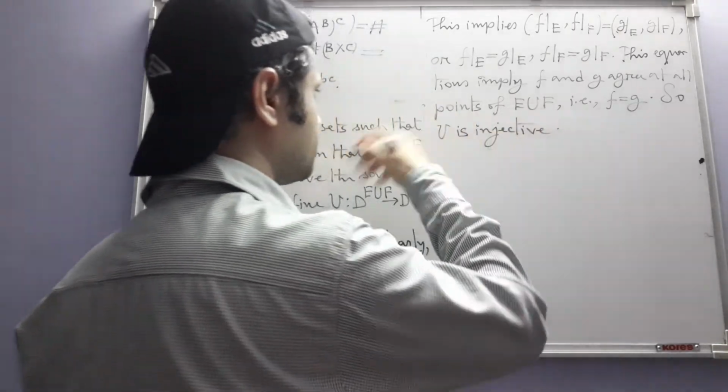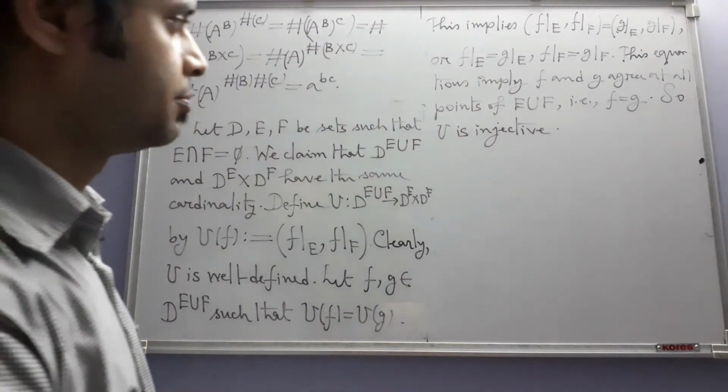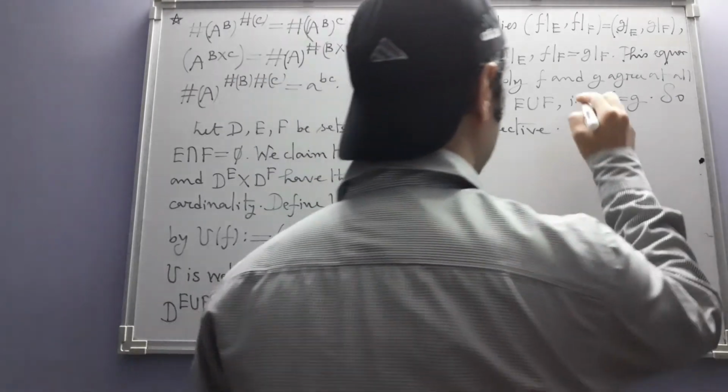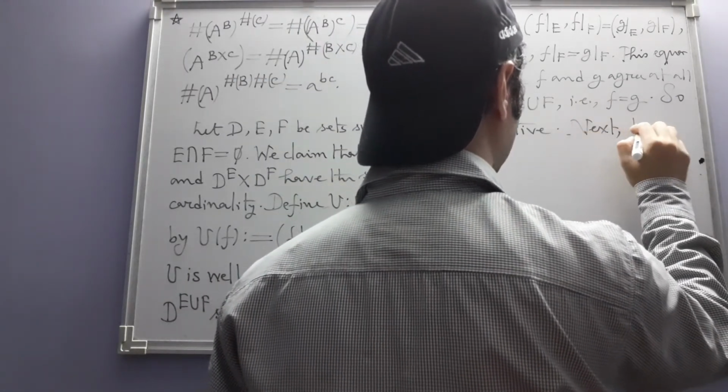In the previous one, of course, it was quite complicated, but in this one it's not that difficult. Next, we prove that u is surjective.